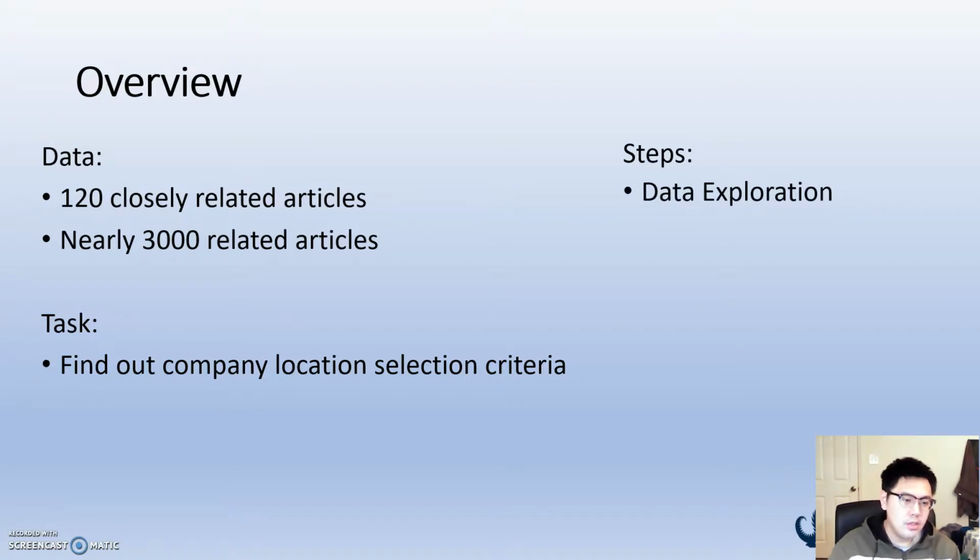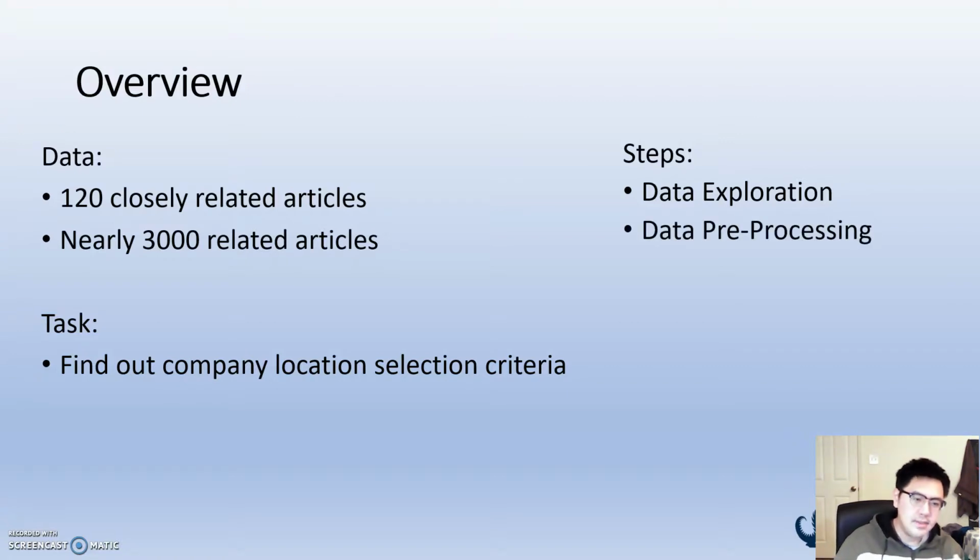First, we need to do some data exploration. Then we do text data pre-processing. This is a very important step because you need to find a good way to do the data cleaning, and how well your data has been cleaned can decide how good your final analysis result could be.